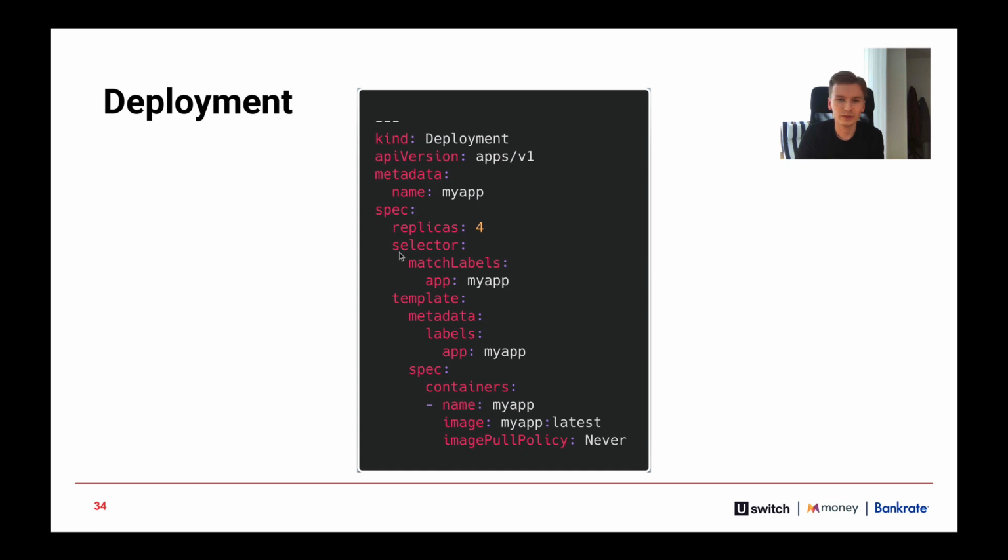A selector, which is similar to how the service had to select what pods it was going to manage. This is very similar in that the deployment also has that. So we have a selector where we match labels. We have a template, and the template bit is all referring to the pods that we're going to start spinning up. So this is like the template of which it will create 4 of.